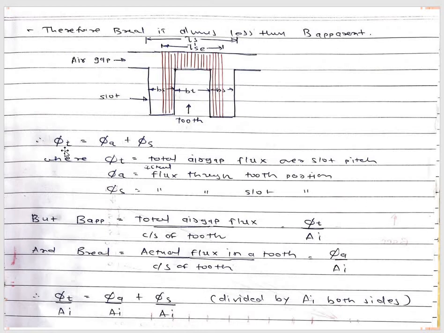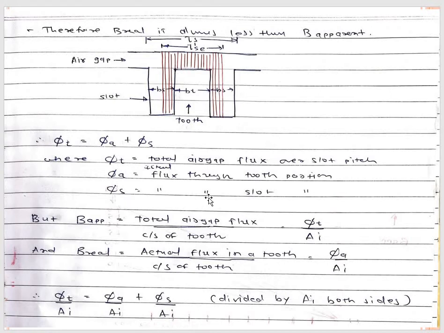From this we can say that phi t, the total flux, is equal to phi a plus phi s. Phi t is the total air gap flux over the slot pitch, where phi a is the actual flux through the teeth portion. Only this flux is considered as the actual teeth flux.